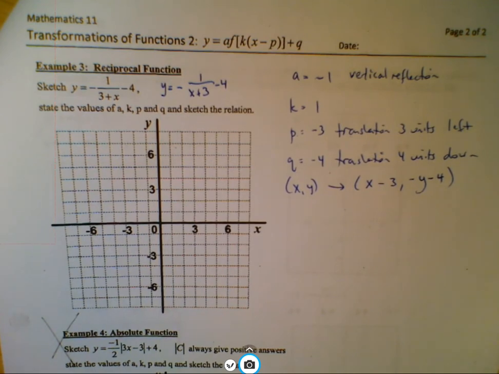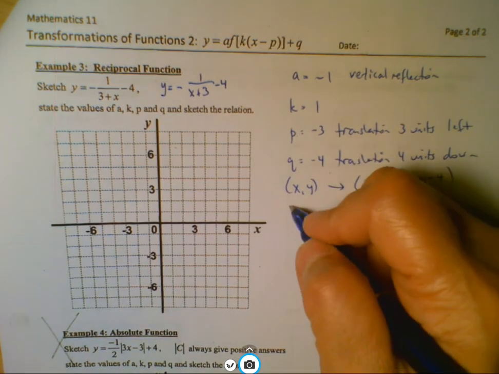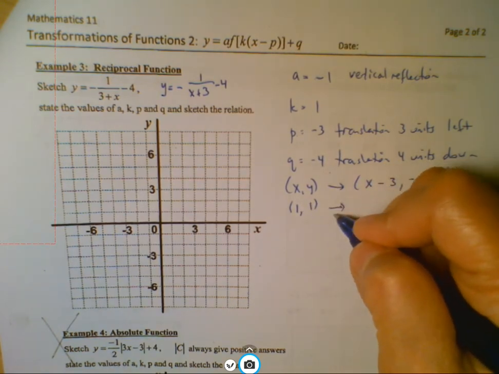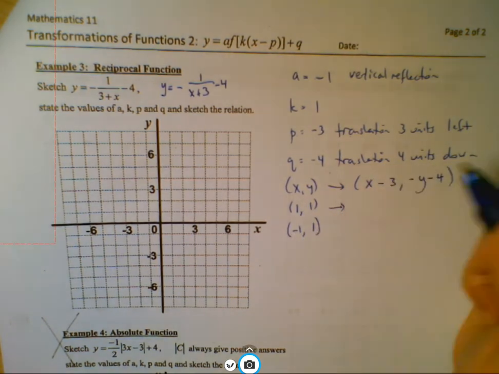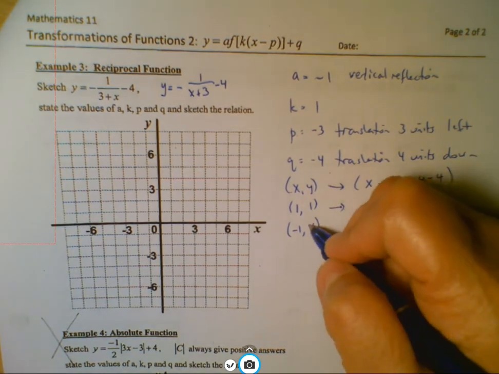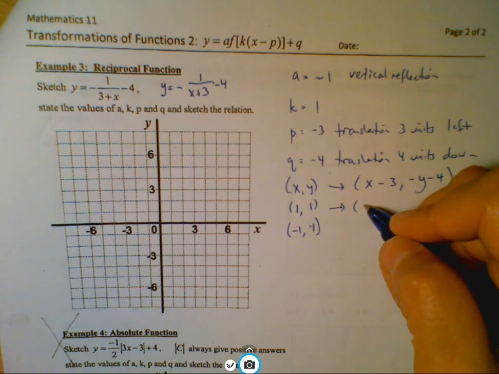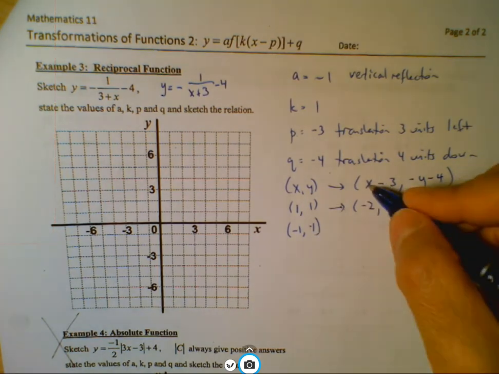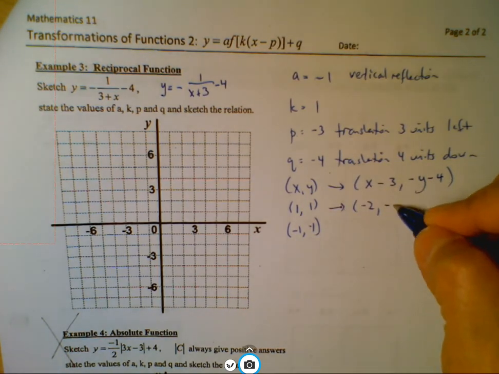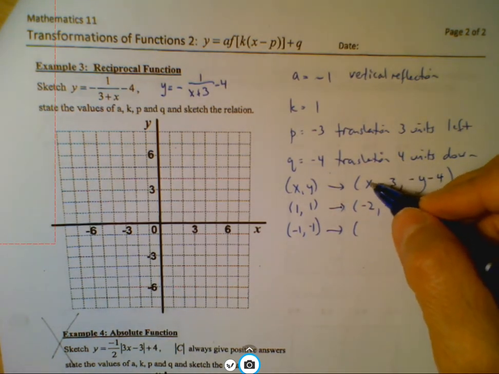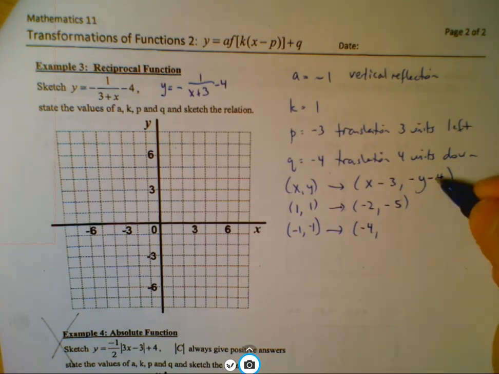Now I'll remind you, this is the reciprocal function. So we don't need that whole original table with all of the fractions. We just need our two anchor points. So (1, 1) and (-1, -1). So (1, 1) becomes (-2, -5). I'm going to sub in 1 there and sub in 1 there. And (-1, -1): -1 minus 3 is -4.